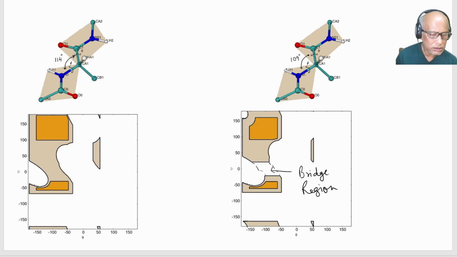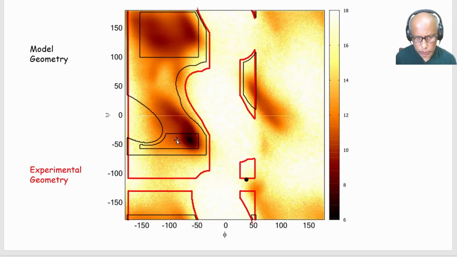So many proteins which have amino acid conformations lying in the bridge region are already strained a little bit. The tetrahedral carbon, which has a tetrahedral bond angle of 109.5 degrees, is a little bit broadened, and it becomes about 114, 115 degrees. Overall, if I take the average of all amino acids, the average bond angle comes out to be about 110 degrees.